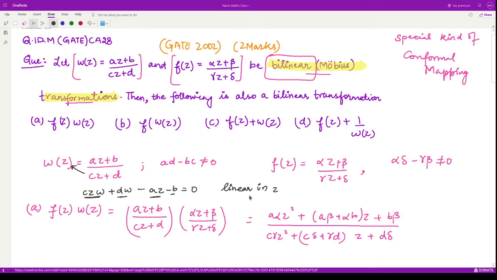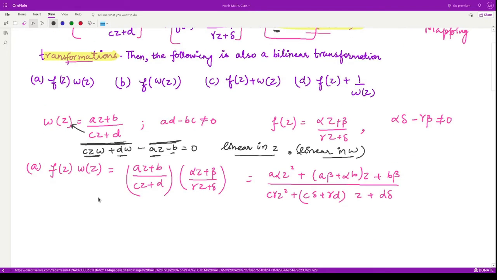So it is linear in z. It is also linear in w. How? You can take w common from these two terms, and the others are constant terms. So w to the power 1 into something plus something. So it is linear in z as well as in w. So we say the transformations are bilinear, right?